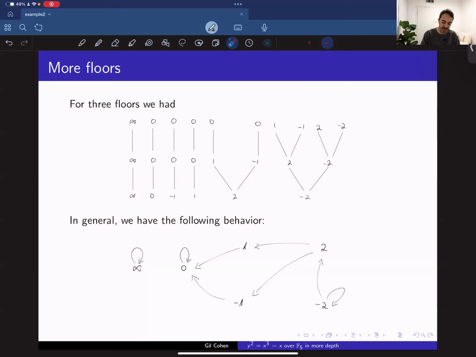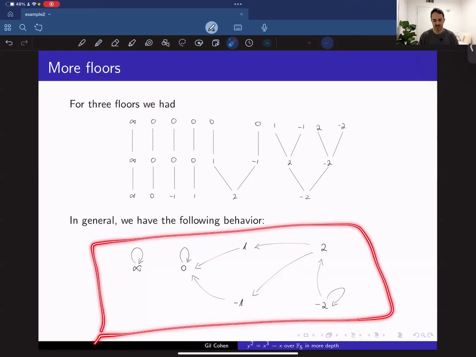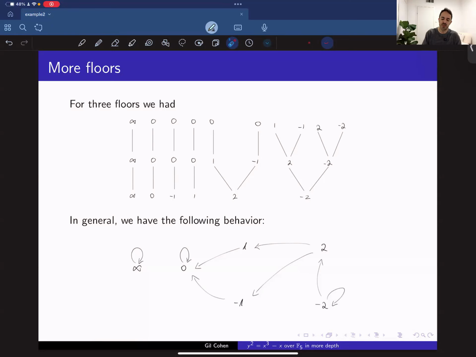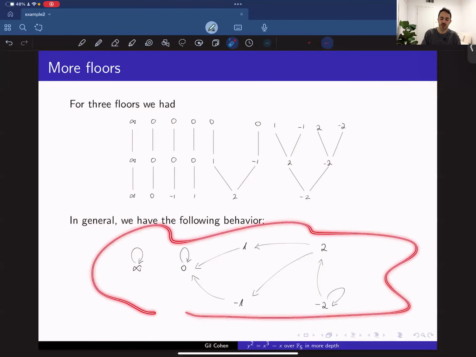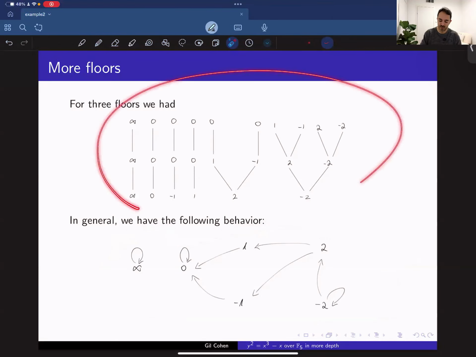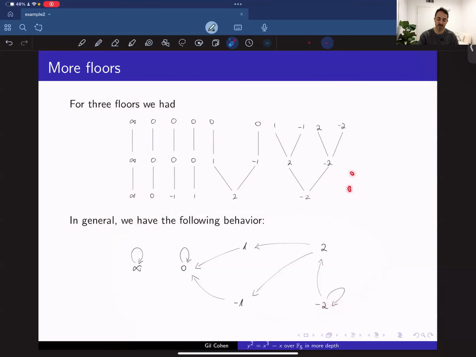So really that's all you need to know. Maybe also some information about ramification, but that's essentially all. It's hard to draw this thing unless you build up some flows and get the sense of what's going on. Okay, but we have this behavior.